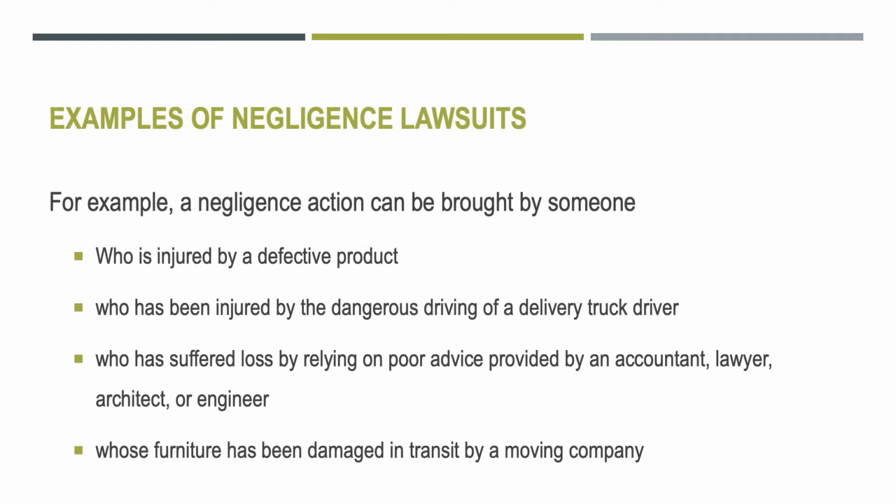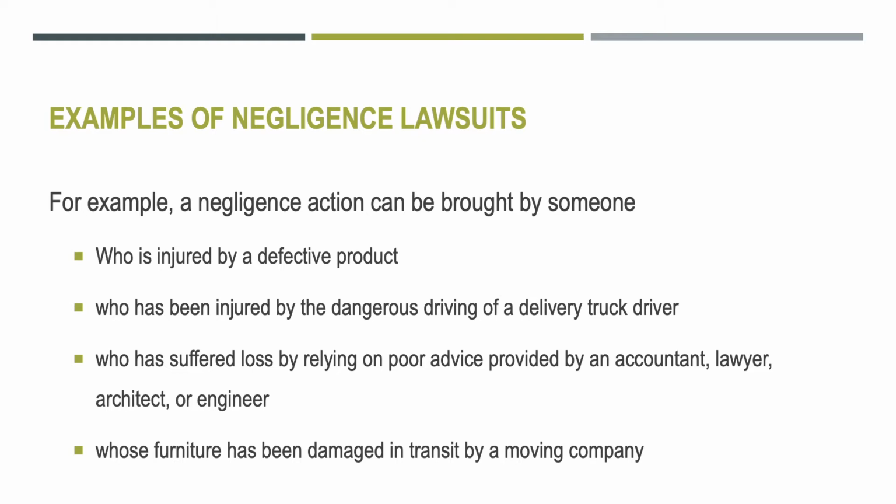Here are just some examples of negligence lawsuits. You've probably heard of these in the media, maybe you've even experienced some of them. But a negligence action can be brought by someone who is, say, injured by a defective product. The famous Samsung 7s that were exploding and were banned from airplanes is a really good example of a defective product.